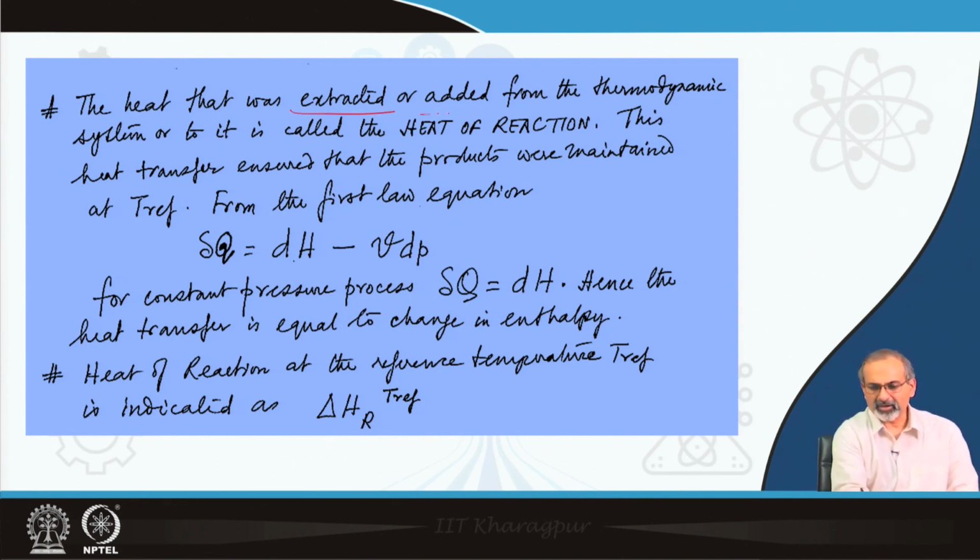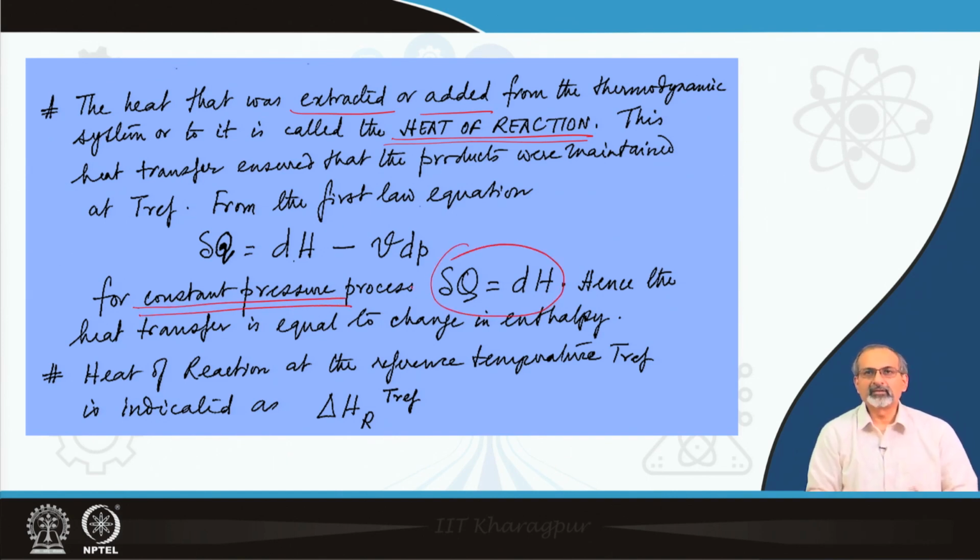Now, the extracted or added heat from the thermodynamic system is basically the heat of reaction. This heat transfer ensures that the products are maintained at a constant temperature, and if you are further holding a constant pressure during the process, the heat exchange with the gas or the medium essentially leads to its enthalpy change. Therefore, heat transfer is equal to change in enthalpy.